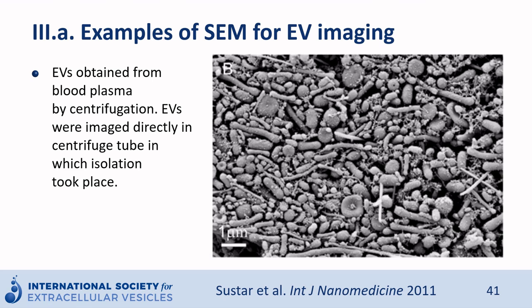We have imaged these vesicles directly in the tube in which they were isolated by cutting it. Elongated and oriented vesicles indicated that they were formed due to shear stress during the centrifugation.